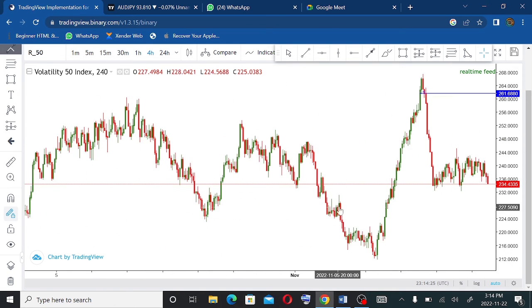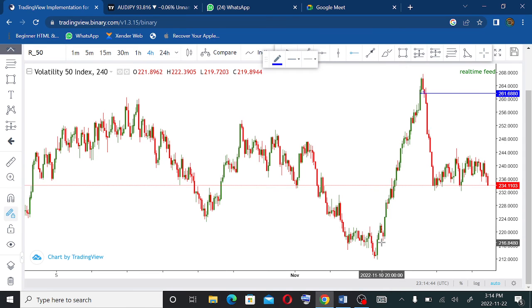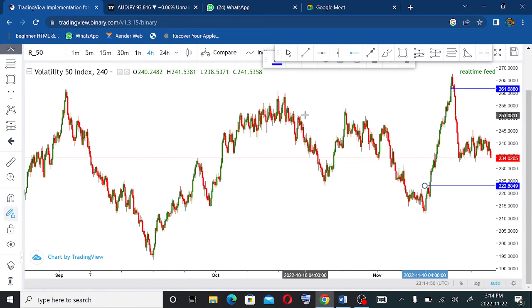Initially on this chart, I knew I wanted to see buys from here, maybe rejecting up here and then selling off. But I knew that this was not strong and it's already selling massively, which could possibly break it, bringing the market to this point. So we can see that we're having bearish pressure on this volatility 50.